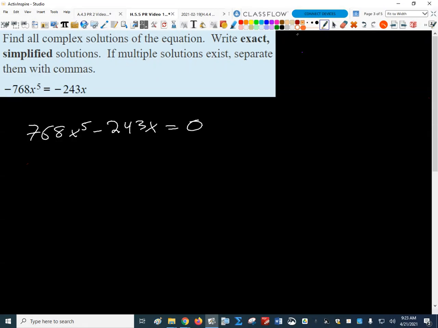So this is equal to 3x times 3 goes into 7 twice with 1 left over. It goes into 16 5 times with 1 left over. That makes sense? So we get 256x to the 4th minus 3 goes into 24 8 times and into 3 once. Is that good? Pretty good with that? Okay.